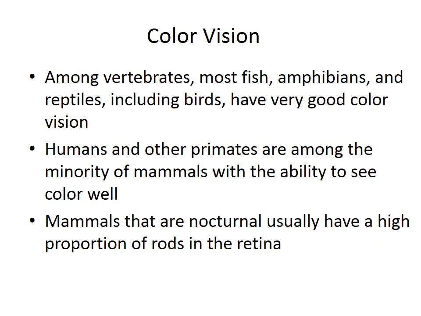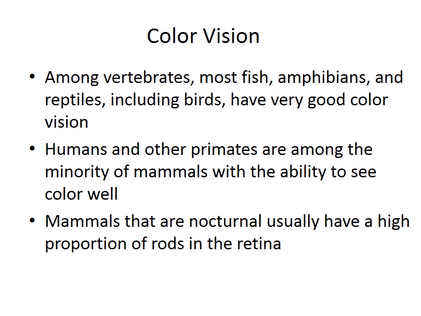Color vision. Among vertebrates, we believe that fish, amphibians, reptiles, and birds have very good color vision. Humans and other primates are among the minority of mammals with the ability to see color well.